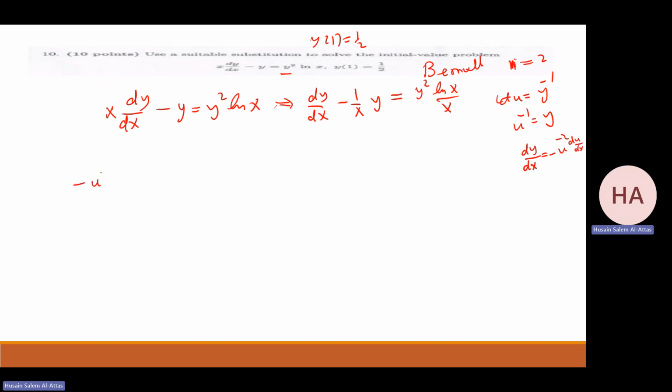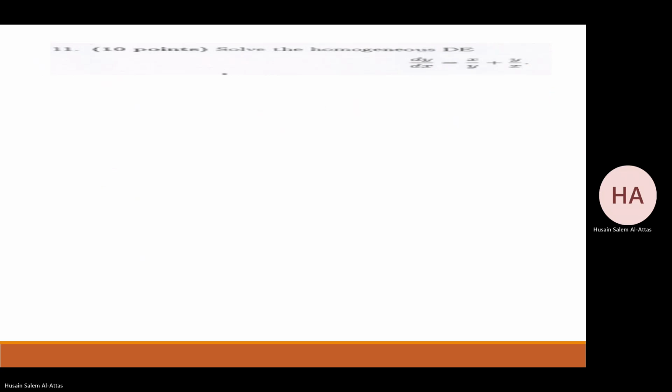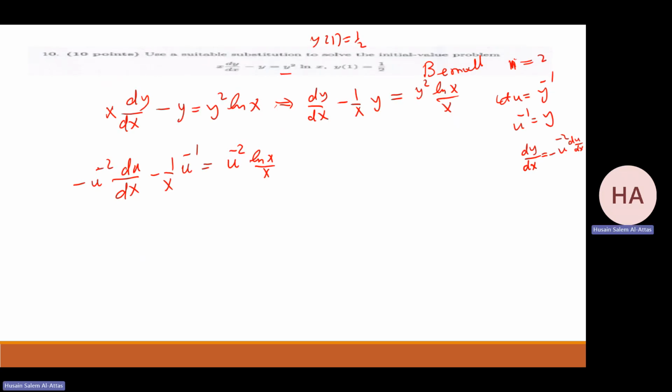I have minus u^(-2) du over dx minus 1 over x u^(-1) equals u^(-2) ln x over x. So I multiply by minus u squared. I'm getting du over dx plus 1 over x u equals minus ln x over x, which is linear. Now this is very clear linear.